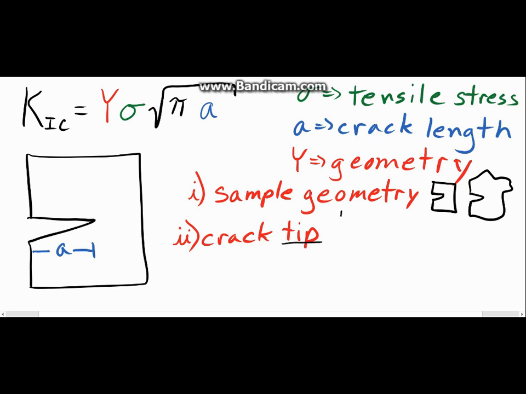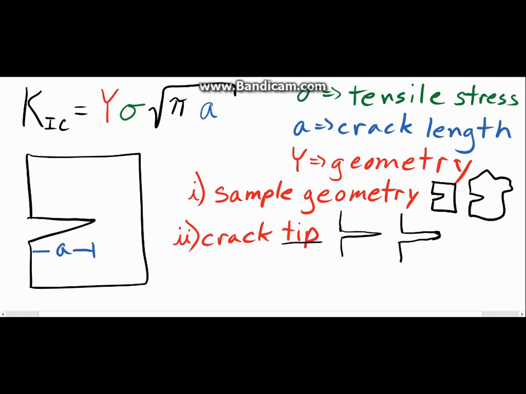Meaning, if the crack is very, very sharp, like that, your Y value will be larger. Sorry, your Y value will be lower, and your fracture toughness will be lower. Whereas, if your crack tip is blunted and round at the end, your Y will be larger. So this geometry dependence is very important.